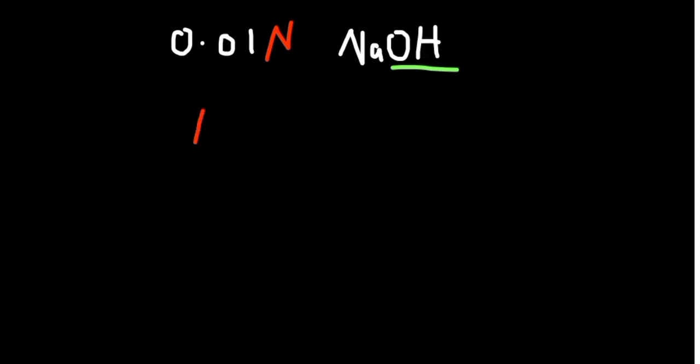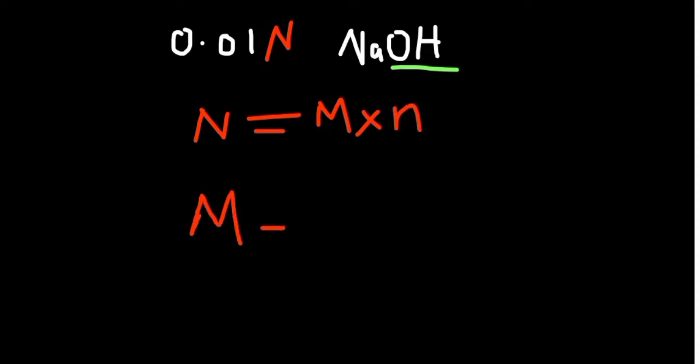We already know that normality is given as a product of molar concentration multiplied by N, where N represents the number of hydroxide ions or the number of hydrogen ions in terms of an acid. Therefore our molar concentration is given by normality divided by the number of either protons or hydroxide ions.